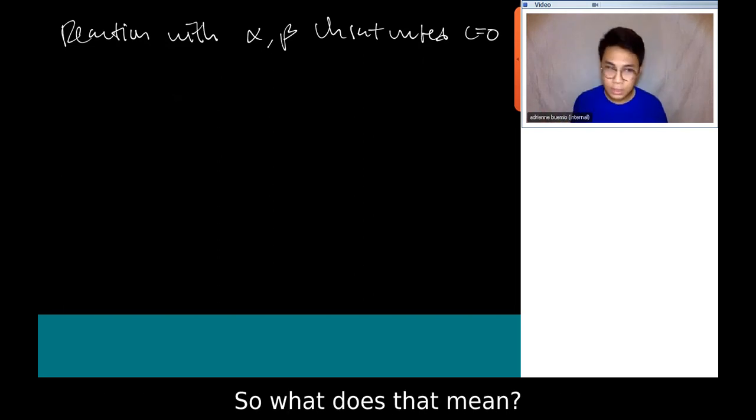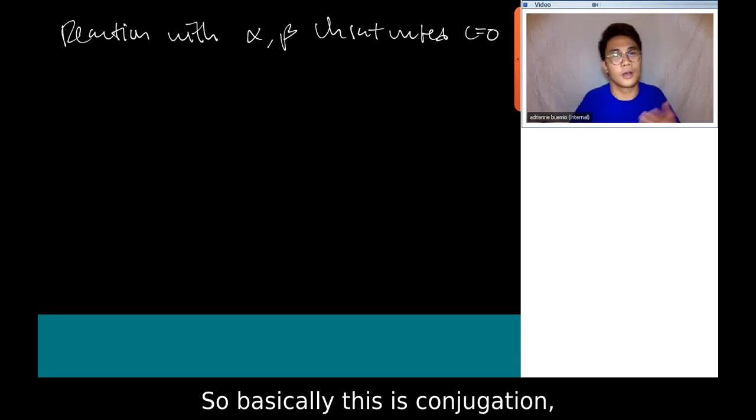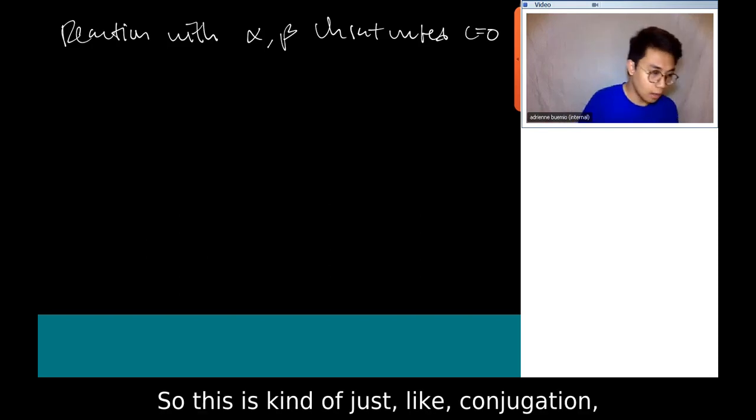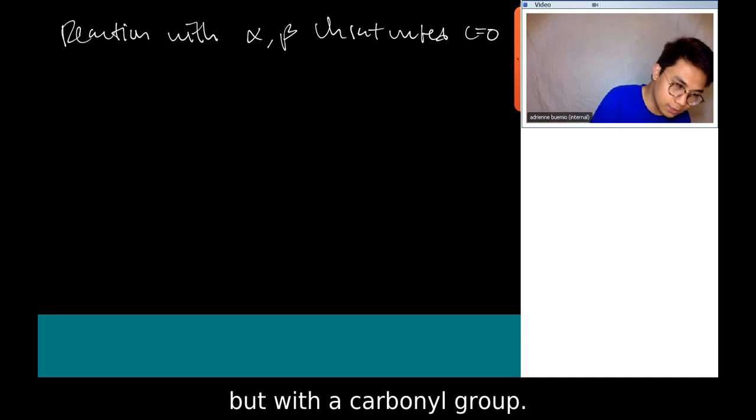So what does that mean? Basically, this is conjugation, but with carbonyl groups. We know what conjugation is. It's pretty much like resonance. We know what resonance is. So this is just conjugation, but with a carbonyl group.